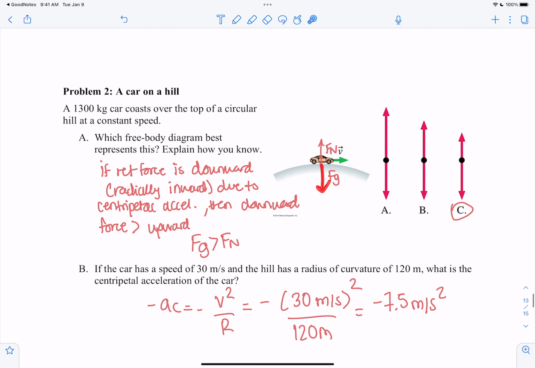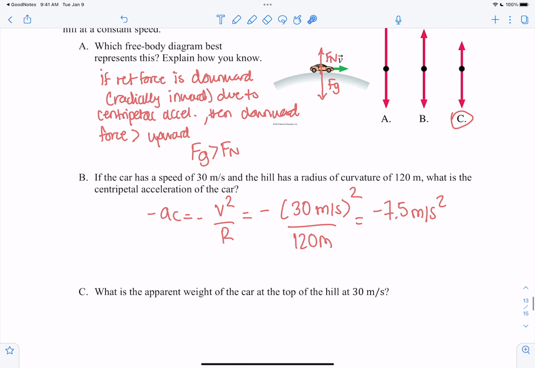We can get that because we have the mass, because we know mass times gravity is equal to force of gravity, so we can get that easily. And at the same time, we figured out what our centripetal acceleration is. We already know that there's a net force downwards because there's a centripetal force that is allowing us to traverse this circular path, right? Because there's a centripetal acceleration, there's a centripetal force that is giving us that centripetal acceleration there. We have a negative net force there because it's along the negative y-axis.